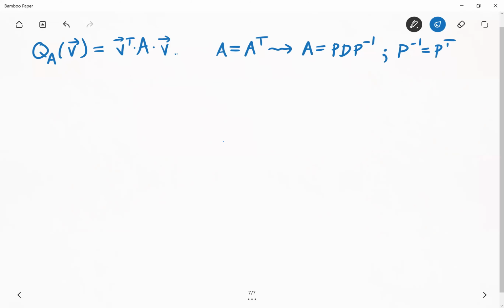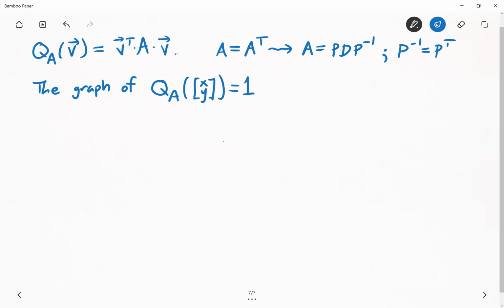Now, another thing I'd like to define, which is something you're familiar with, but I'd like to do a formal definition all the same. The graph of a function. So in this case, the graph of q sub A of the vector v, which is (x y), right?